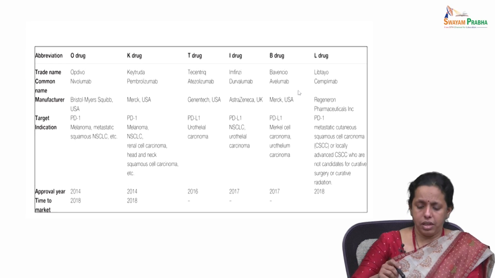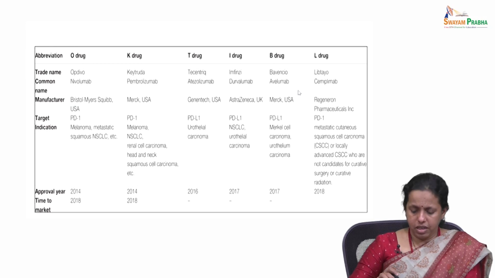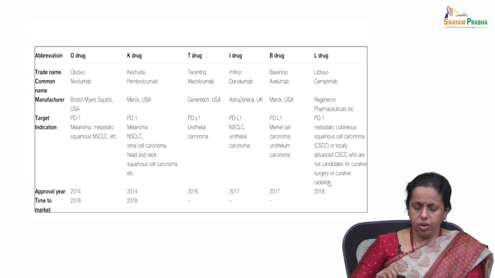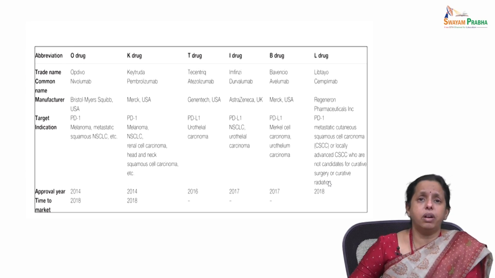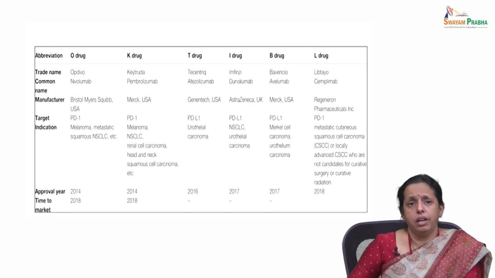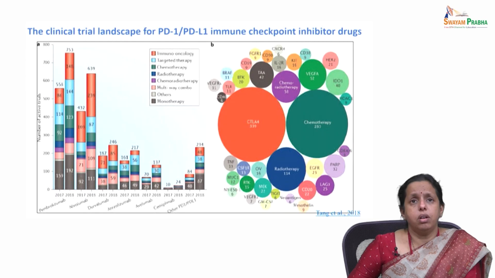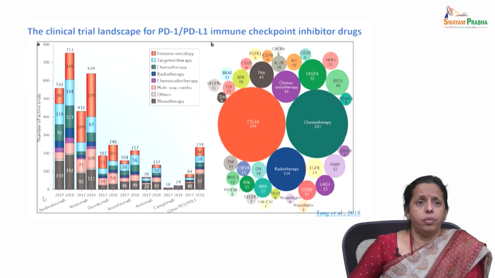You even have it in metastatic cutaneous squamous cell carcinoma, and this is not used only as a monoclonal, but, as I mentioned, along with surgery or with other radiation procedures. This is the landscape over time, across 2017 and 2018, of different clinical trials for PD1, PDL1 immune checkpoint inhibitor drugs.